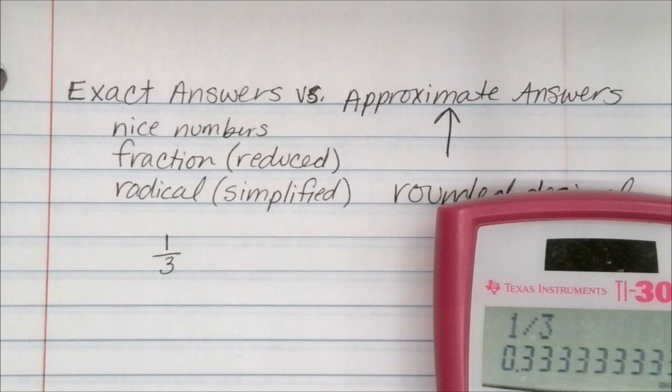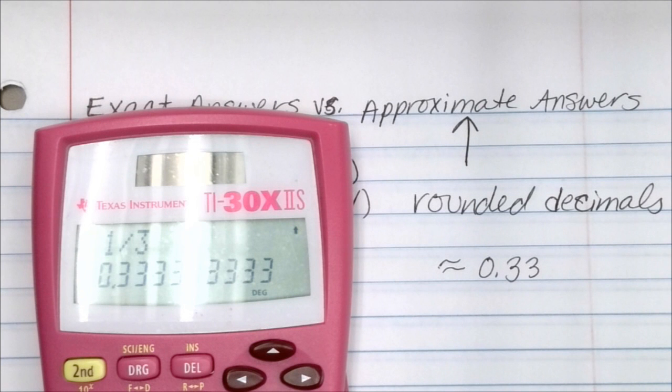So that's the tenths. What's this one? Hundredths. But it does make sense. These are powers of 10. 10 to the first is 10. 10 to the second is 100. 10 to the third is the thousandths.